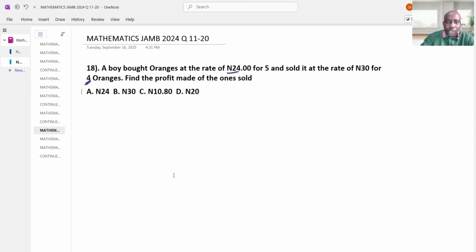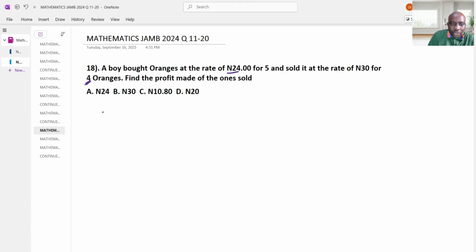Now, to solve this question, we need to know the cost of one orange and the selling price of one orange, because the 5 oranges he bought, you cannot say the cost of the goods sold is 24 naira. The 24 naira is for the 5 oranges in total, but he sold only 4 oranges. Therefore, we are going to look for the cost of one orange and the selling price of one orange.